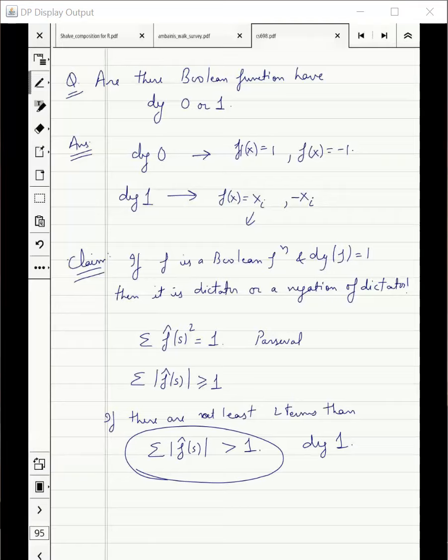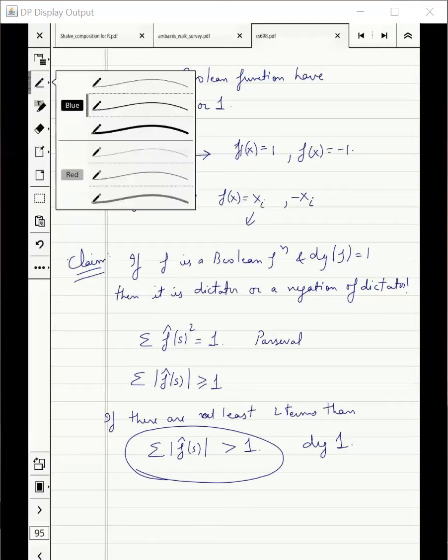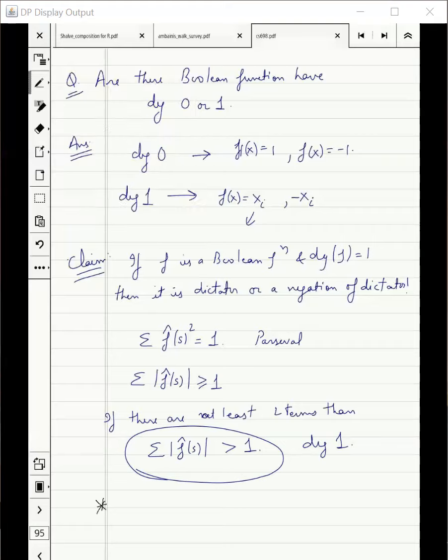If f at s is positive, then the corresponding degree 1 variable will be 1, and if f at s is negative, then the variable will be -1. You can just align the values of the xi's so that each term gives you the same sign. Everyone sees this?